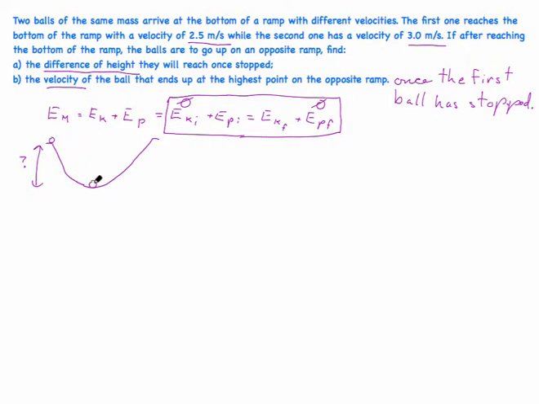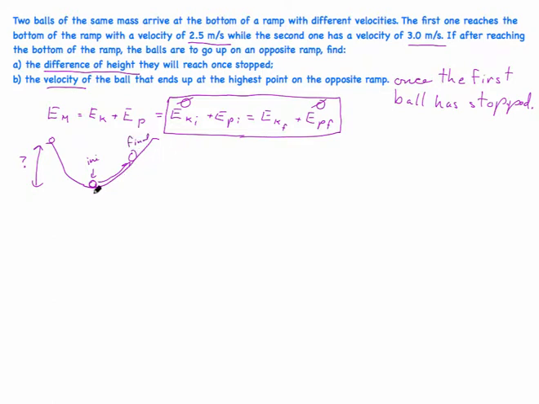Once they reach this point, we're going to consider this to be the initial velocity because we don't have other velocity, and we want to find the height once they stop. Once they've gone up this ramp, at one point they will have stopped. So we're going to consider this bottom part to be the initial moment, and the stopping point to be the final moment.